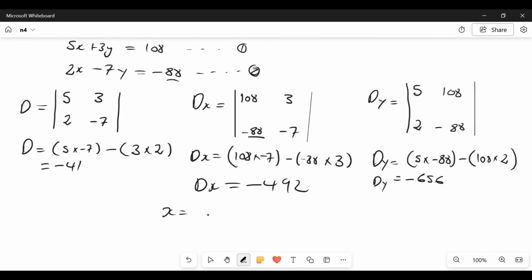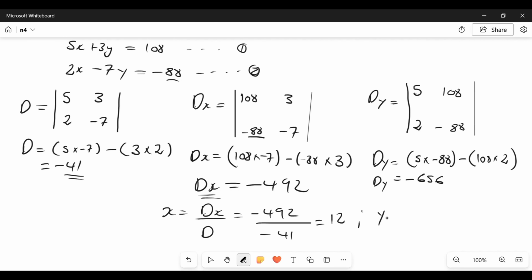x is going to be equal to dx divided by d. So we know that we've already calculated d here. We also have dx there. So it's time for us to just substitute. We have -492 for dx divided by d, which is -41. So the final answer here is +12 there. So let's find y.